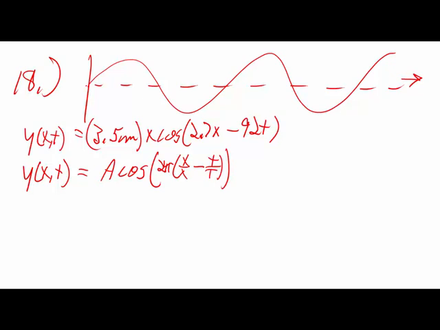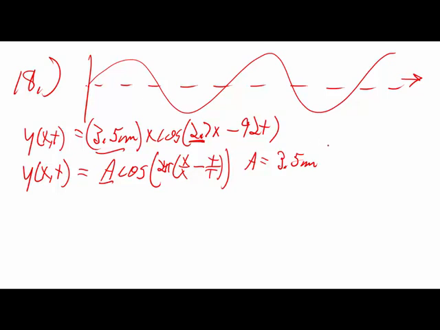Now, let's look at what corresponds. Of course, 3.5 centimeters is A. So A is 3.5 centimeters, or we could put that in meters, and we really should, 0.035 meters.